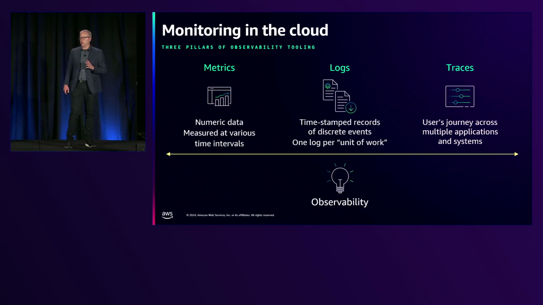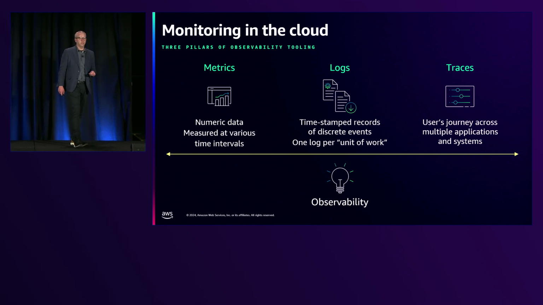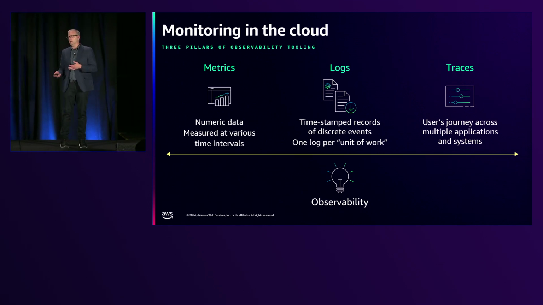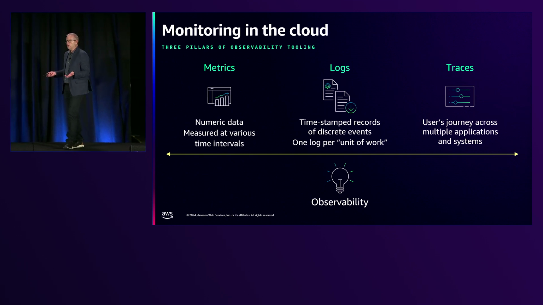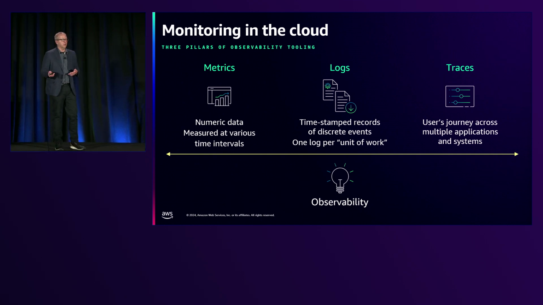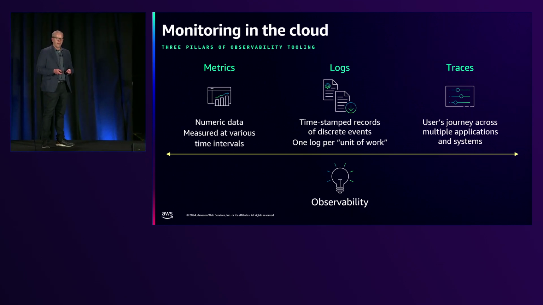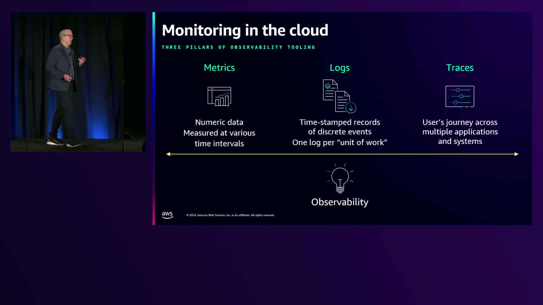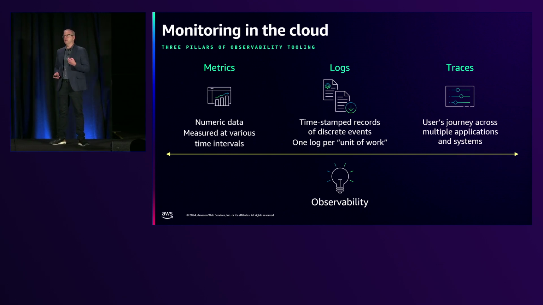We need to capture, of course, metrics, which is things like how heavily loaded are the GPUs if we're hosting a model ourselves, how many requests are we serving from our inference endpoint, things like that. We have the logs, which help us understand troubleshooting, behavior, things like that. And then one of the things I think is most important with generative AI is the traces.